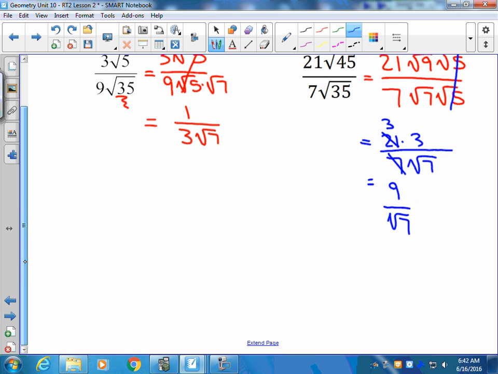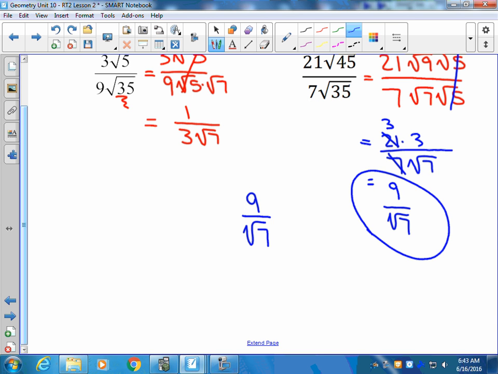Now, like our last lesson, we talked about the fact that we don't necessarily always want radicals in the denominator. So this could be a possible answer for you here, but there is a second possible answer that is mathematically a little more accurate, and it's what we call rationalizing the denominator.